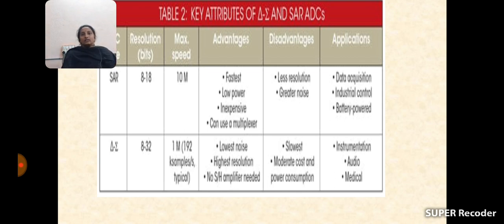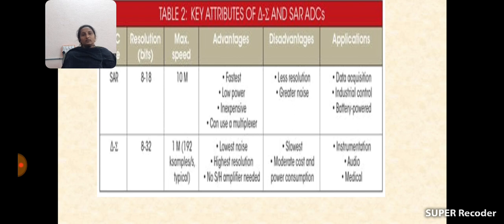What is the maximum speed? 10 mega. And the maximum speed of the counter method is 1 mega only. So compared to the counter method and other methods, the successive approximation register gives very high speed.